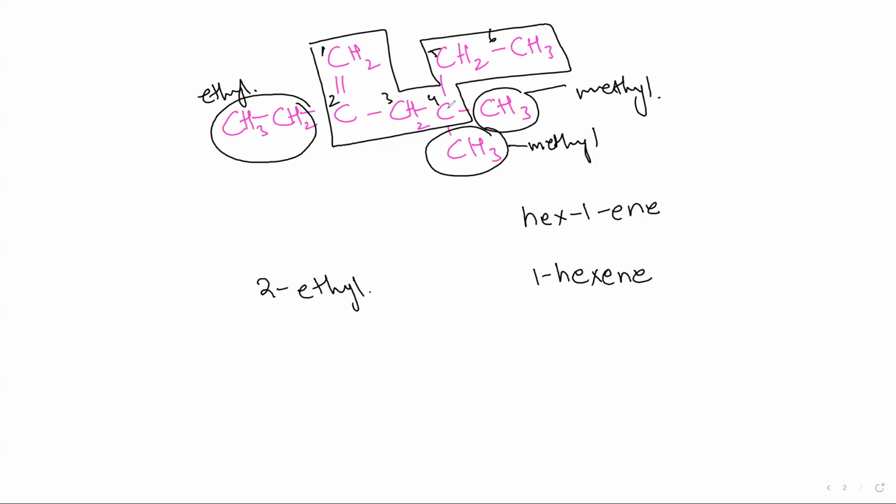Then on the fourth carbon, we have 2 methyl groups over here. So we will write over here dimethyl. Okay. Numbers and the letters would be separated by a dash. Okay. And then we'll write over here 4,4-dimethyl. Why 4,4? Because on the fourth carbon, we have 2 methyl groups present.